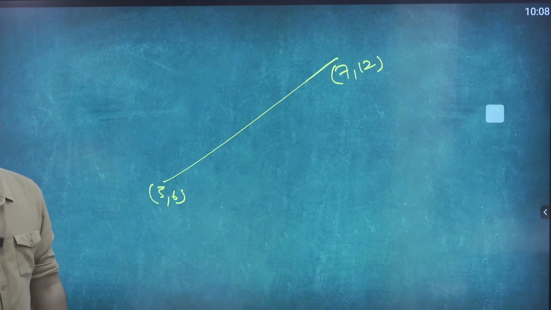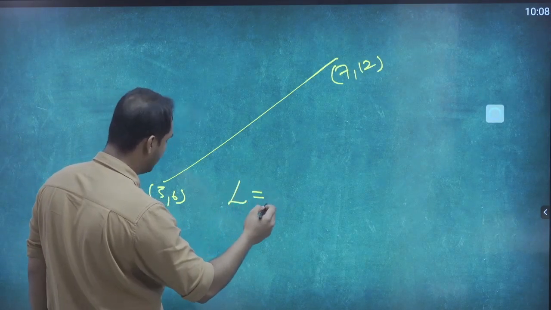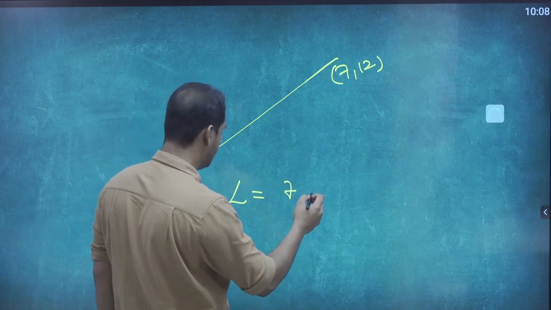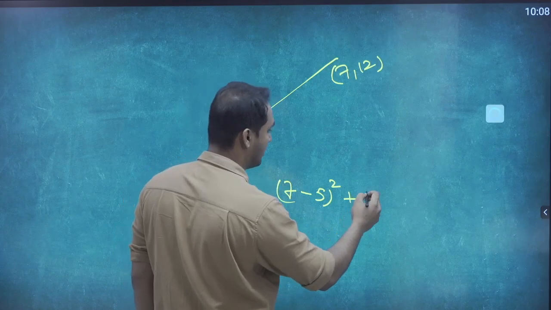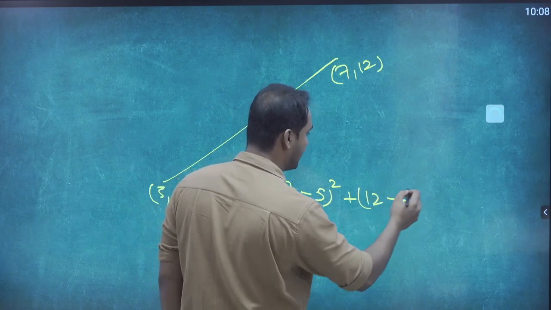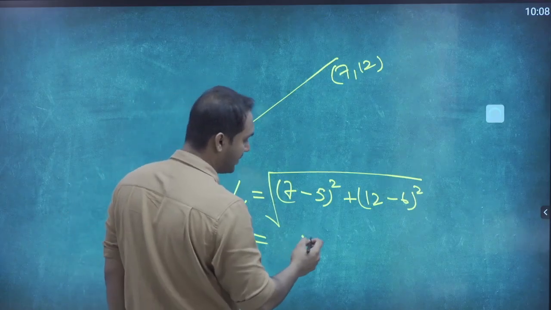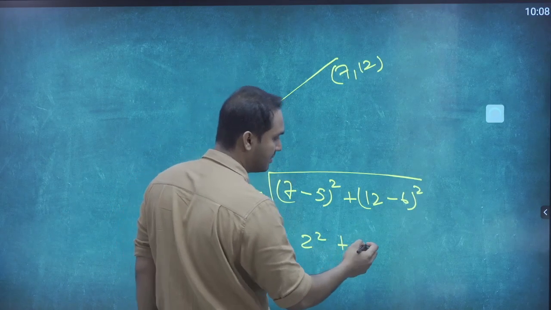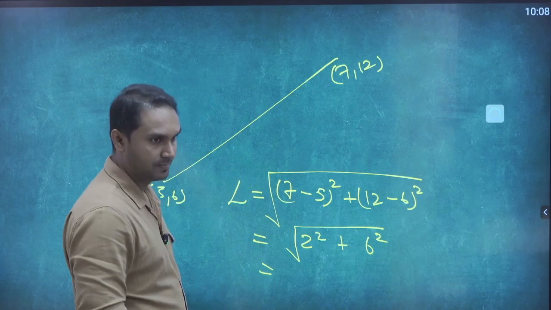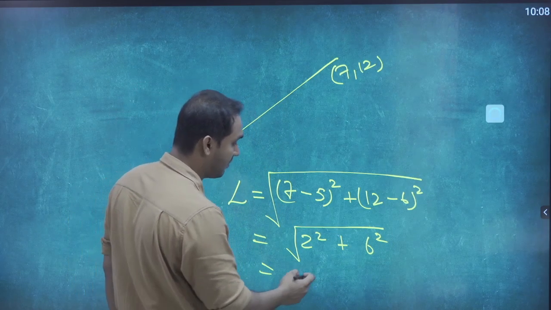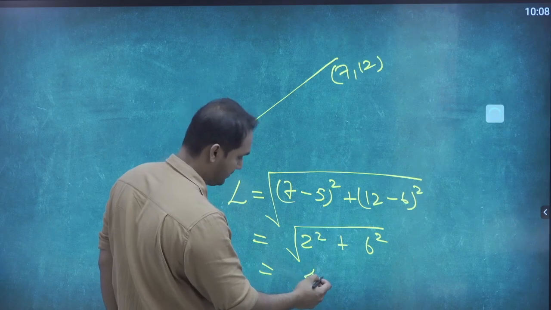So that's L equals the square root of (7 minus 5) square plus (12 minus 6) square. 7 minus 5 will be 2 square plus 12 minus 6 will be 6 square and the complete root of it. 4 plus 36, 40. Root 40, right?